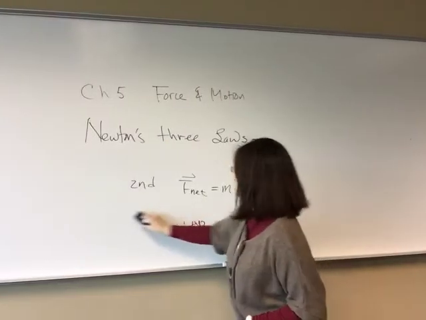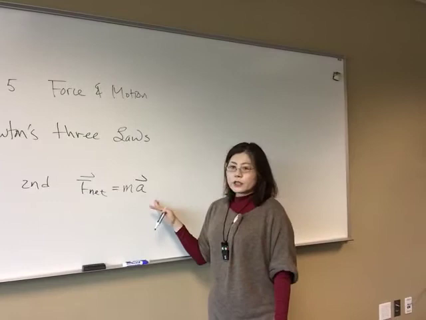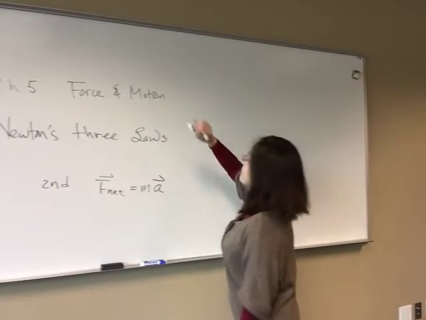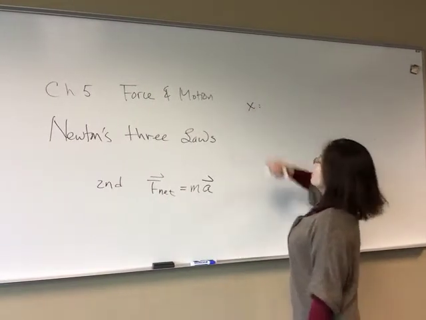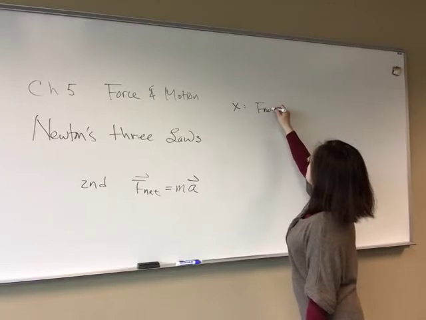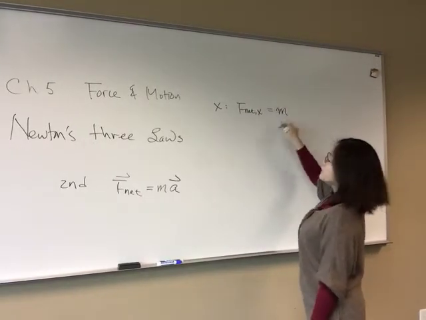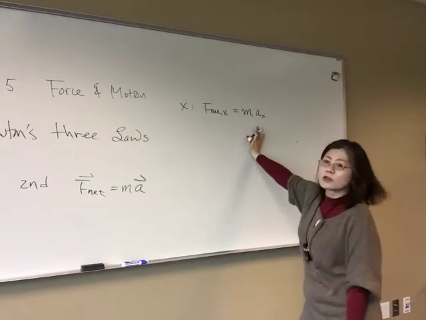F equals ma, and as I mentioned earlier, this equation can expand to three equations depending on how many dimensions you're dealing with. If you have the x direction, you will have the net force in the horizontal direction that is equal to the mass of the object times the acceleration in the horizontal direction.